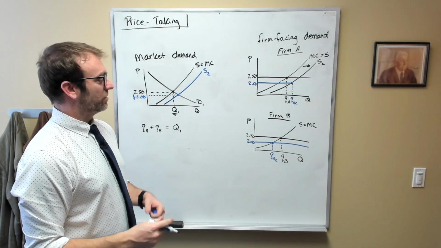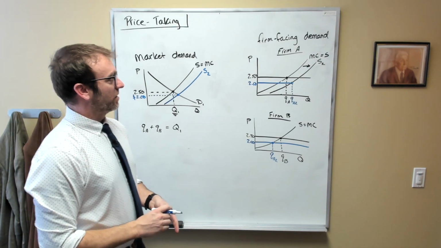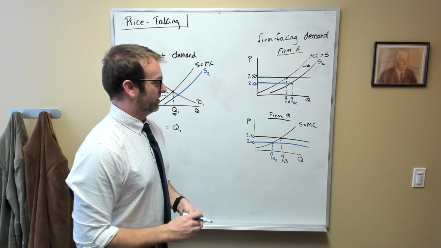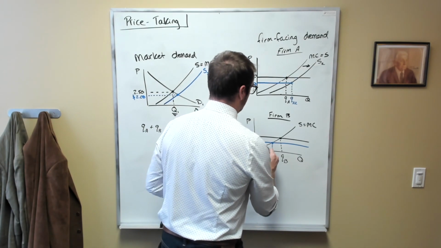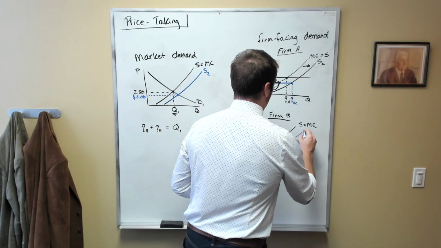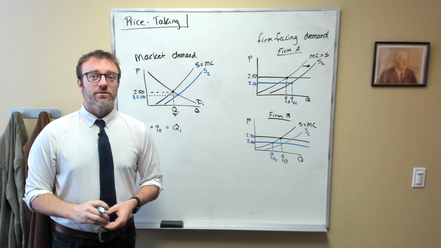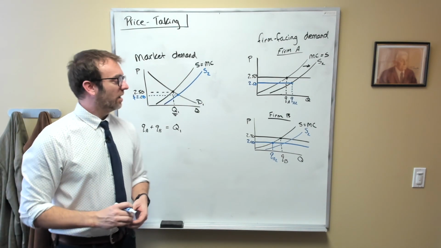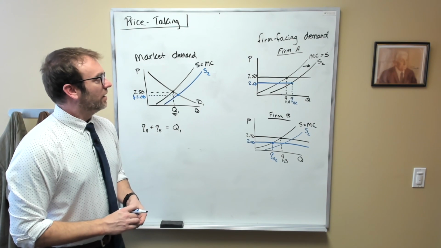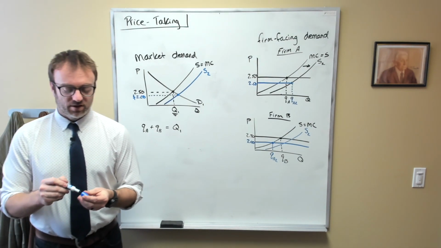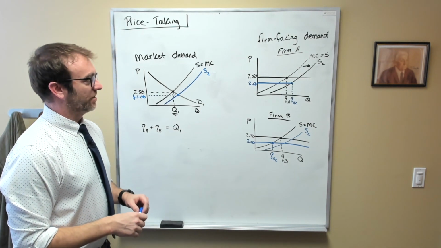And so what are they going to try to do? Well, they're going to try to copy the same innovation that firm A has, which would then increase their supply here and get them back to some sort of a more competitive situation. So what we can see from all of this is the role that competition ends up playing.